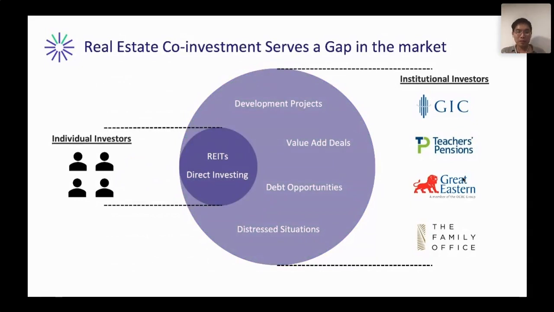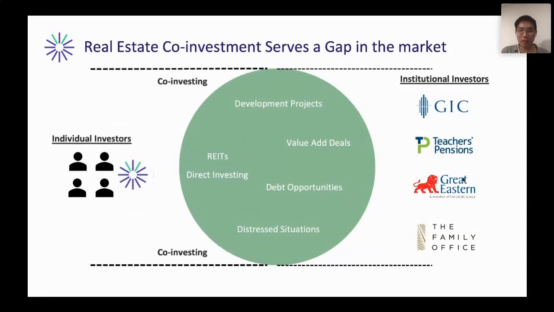Now, with crisis, this COVID situation, come opportunities. In this climate, you would get quite a number of distressed deals which institutional investors would be able to access and invest in, but individual investors would not. That brings us to co-investments, which bring about these benefits and give users access to all of these deals which previously they would not be able to get onto.